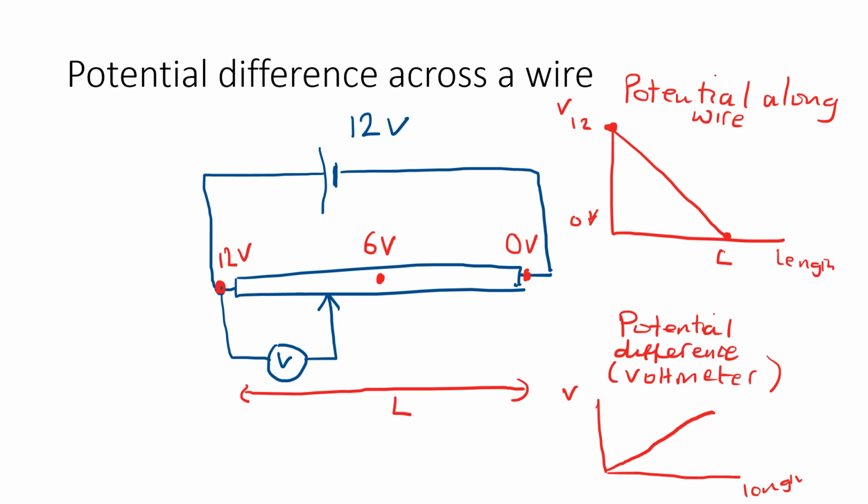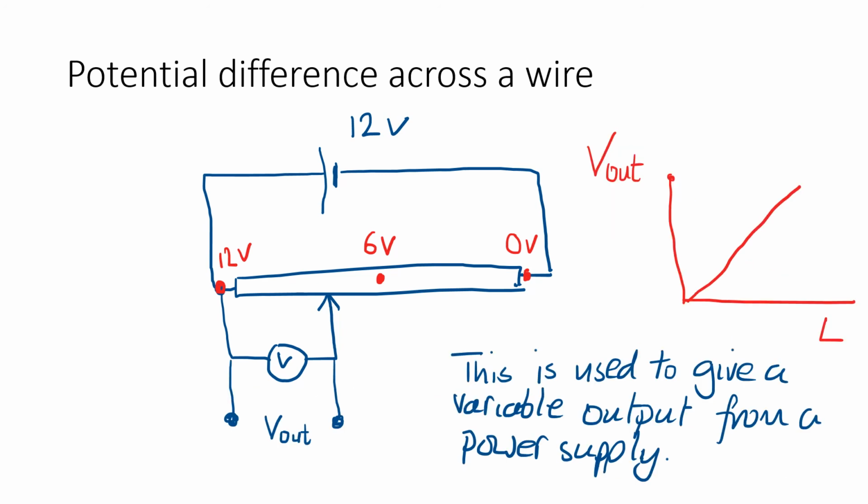And if we then look at how the potential difference on the voltmeter would change, so the voltmeter reading, as you move the pointer or the slider across, you're gradually going to increase the potential difference, and again that's a linear relationship.